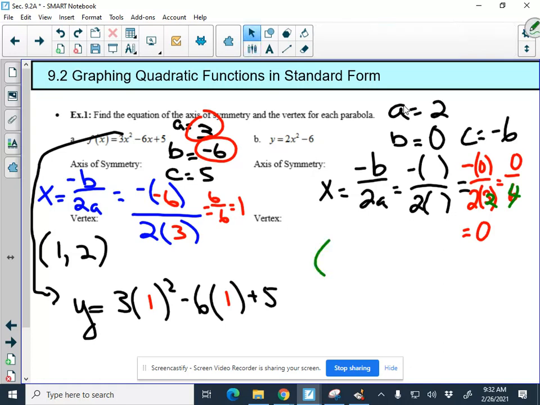Now what we know, our axis is 0 something. So we have to put the 0 in. So we take our formula.